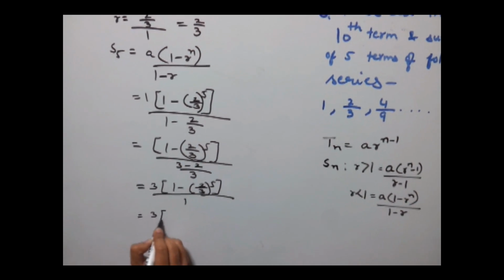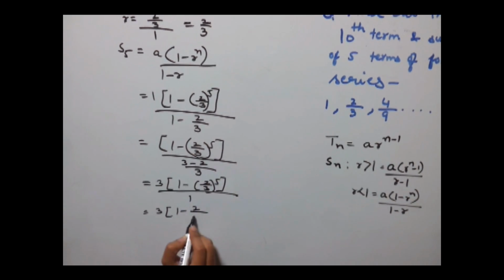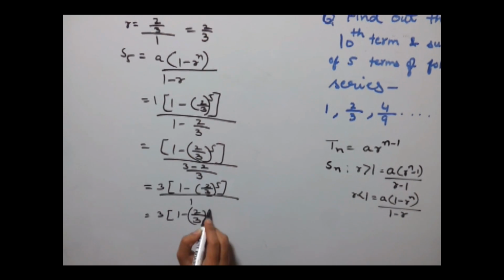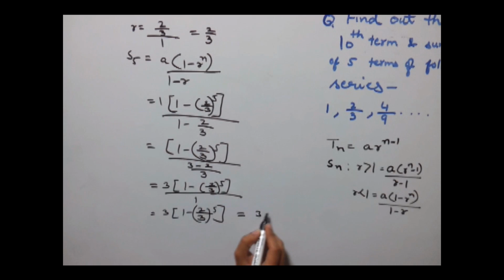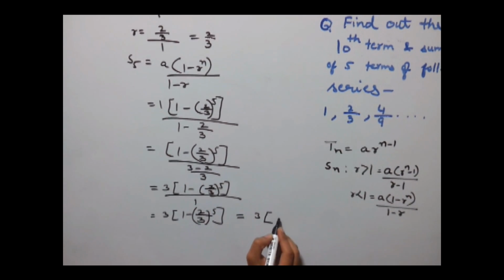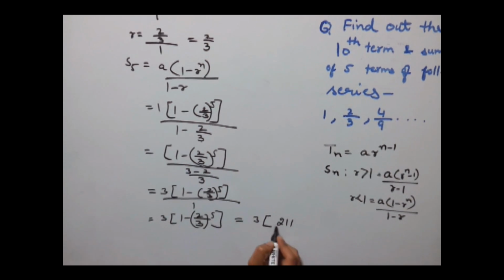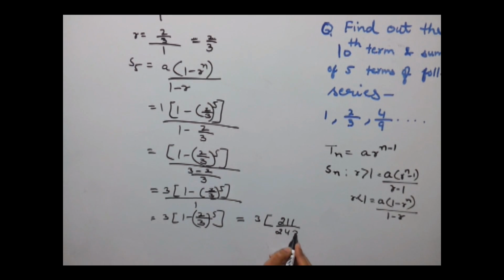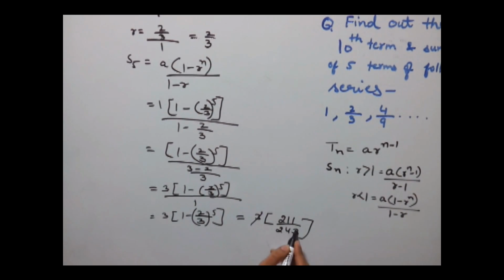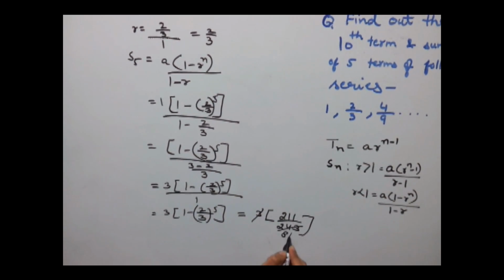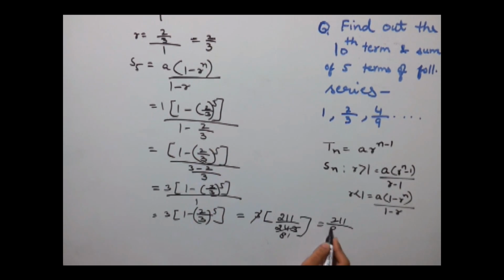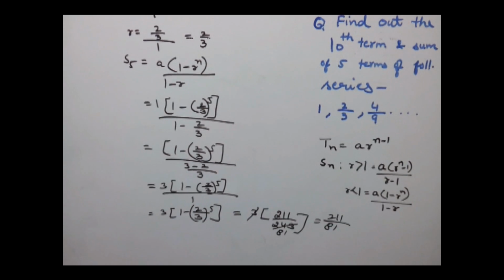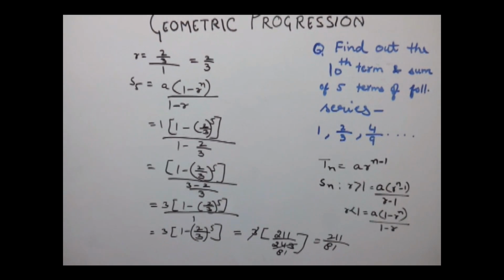Which is equal to 3 into 211 upon 243. Now 3 into 81 is equal to 243, which gives us 211 divided by 81 as the answer. Let's have one more example.